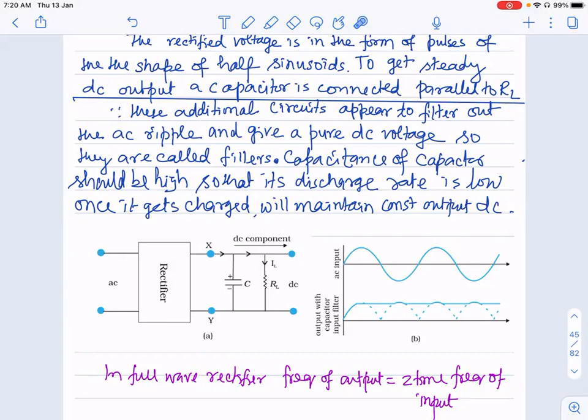A transformer is also there, it will decrease the voltage. We don't need 220 volt, we need hardly 10 volt or 5 volt because the battery of the cell phone is less than 5 volt, so slightly higher voltage can charge it properly.